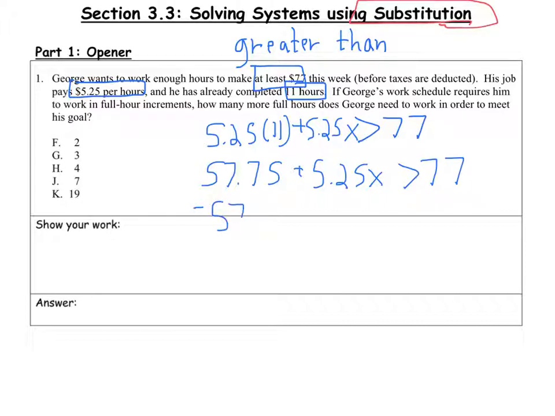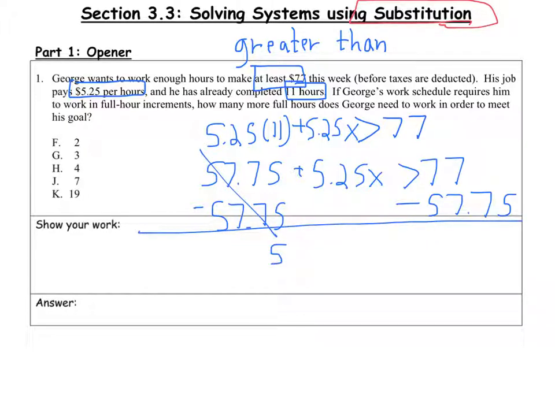Subtract the 57.75 on both sides. Minus 57.75. And that cancels out.